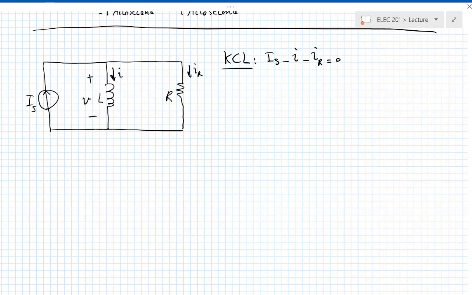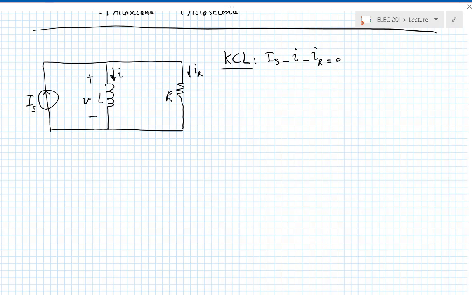Infinity, V equals RI. Now, KCL will not allow that, right? Because the current source has a finite amount of current, I naught, in this problem. From which it follows that you can't have an infinite voltage, which means that the inductor cannot take any of the sudden jump. So the entire sudden jump of the current will be taken up by the resistor.